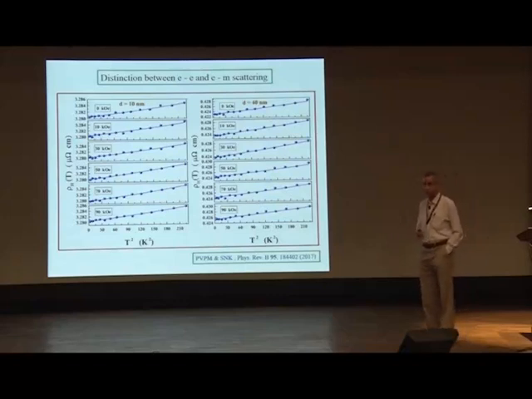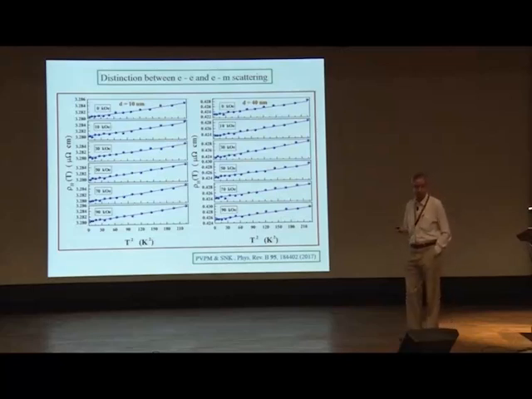In fact, in the literature, for more than 6 decades, most people believed that this T-square dependence comes from electron-magnon scattering, not from electron-electron scattering. But a simple experiment, I don't know why they didn't think of a simple experiment to distinguish between these two.